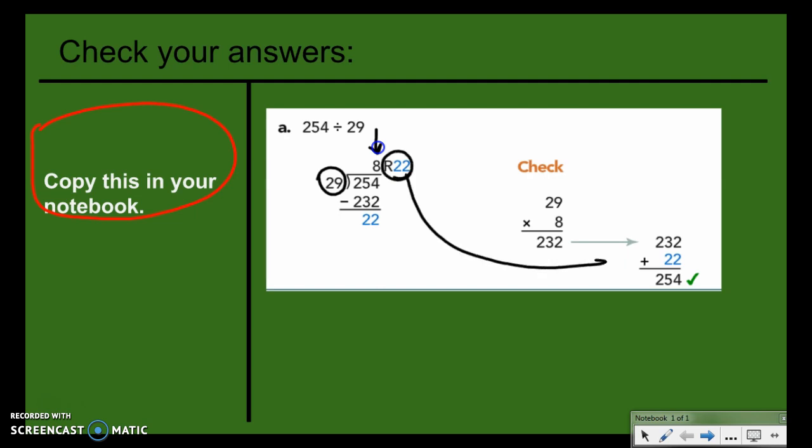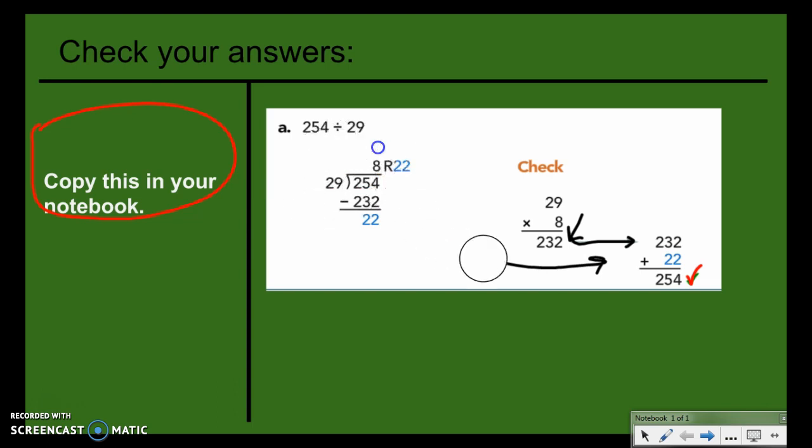You want to add your remainder of 22 to this answer right here. 232 plus 22 is 254. Now think, is this the number that I started off with? Yes, it is. So you know you did the correct operation and you solved the problem accurately.